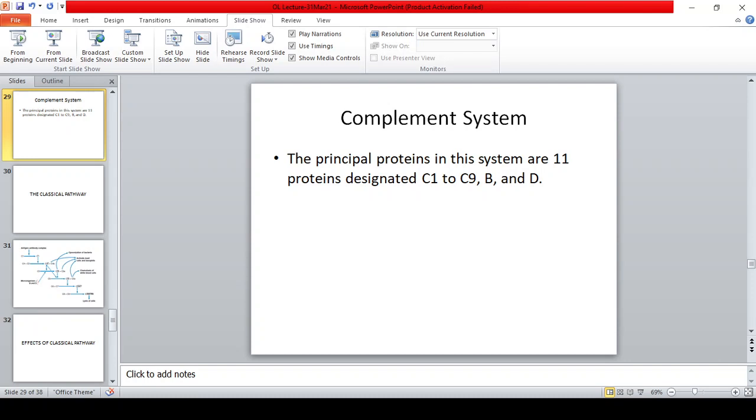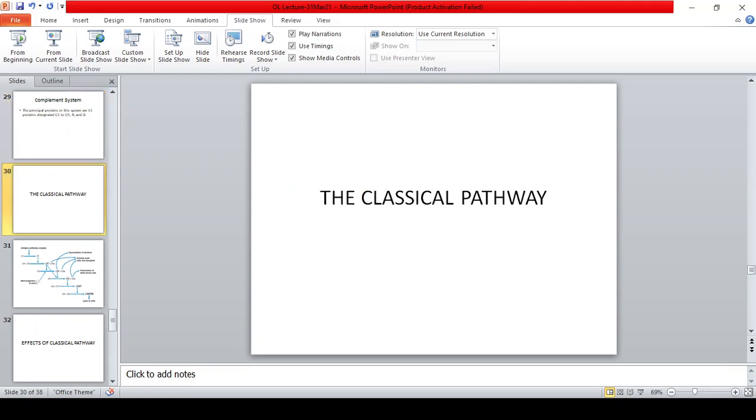Now the principal proteins in this system are about 11 proteins designated C1, 2, 3, 4, 5, 6, 7, 8, 9, protein B and protein D. Now they are present normally among the plasma proteins, and they are these enzyme precursors, they are normally inactive, but they can be activated by the so-called classical pathway.